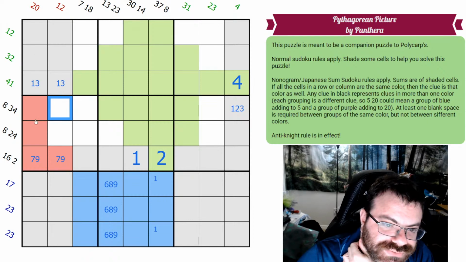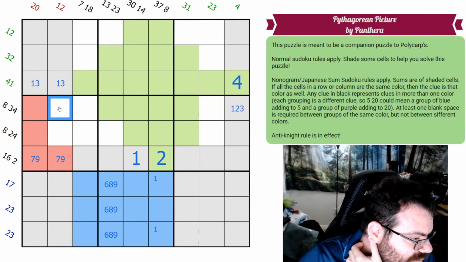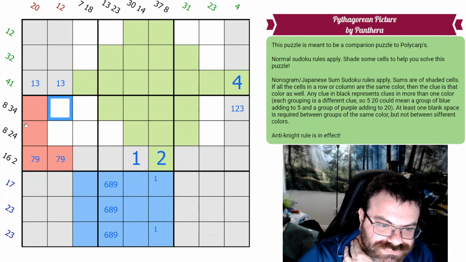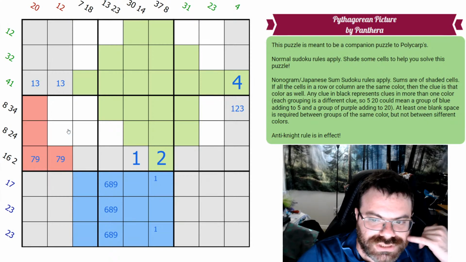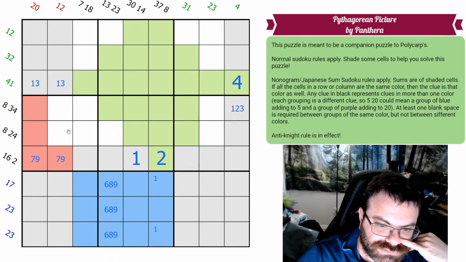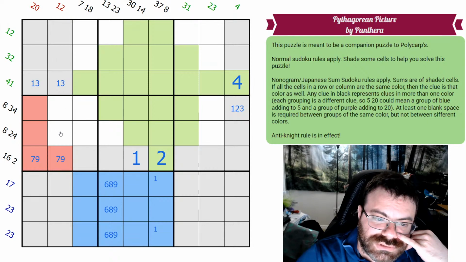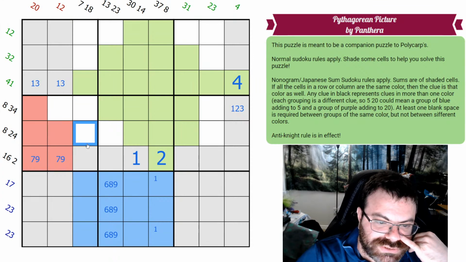Row 4, column 2 is red, because otherwise you will have a knight's move breaking row 5 reds. I'm not quite seeing the logic there. The 12 does need another cell. That's true.